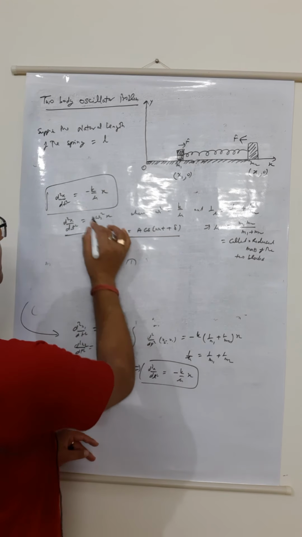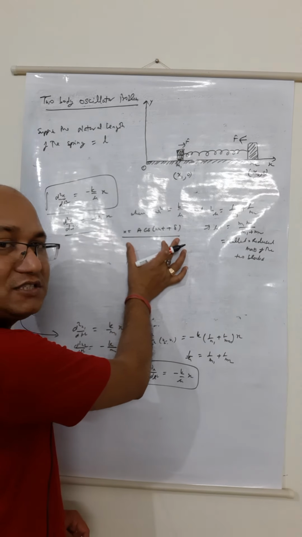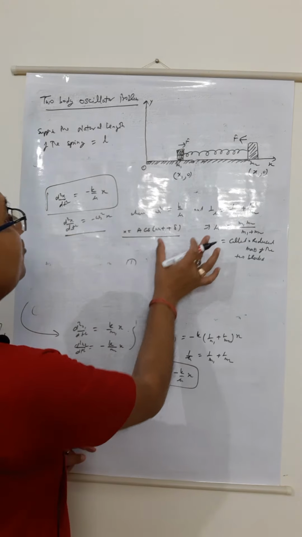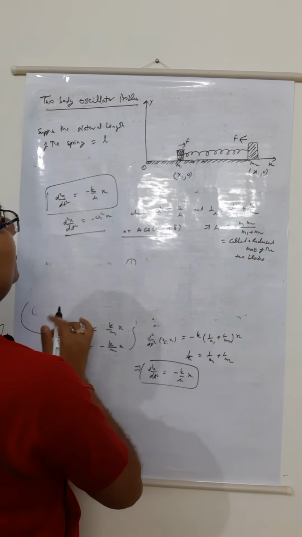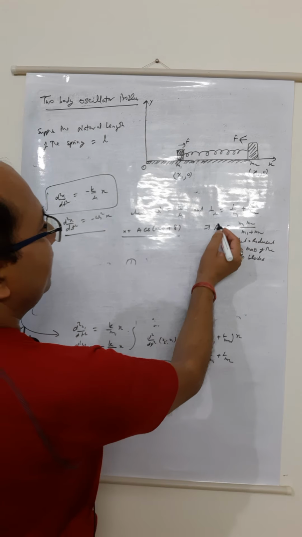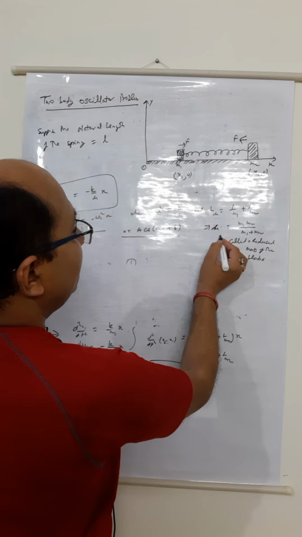This differential equation will have a solution of this type. So we now see that this two body problem reduces to a single body problem, in which the single body has a mass that comes out to be this much.